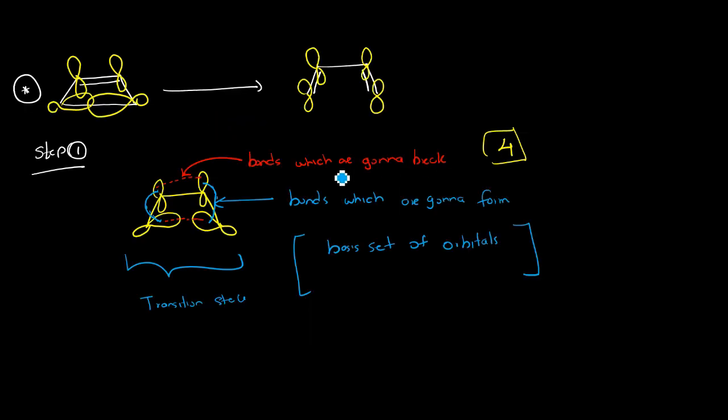If I go here, you will see there are two bonds which are already in there. This is a pi bond. So there are two bonds which are involving in our whole interactions, which means there are 4 electrons.